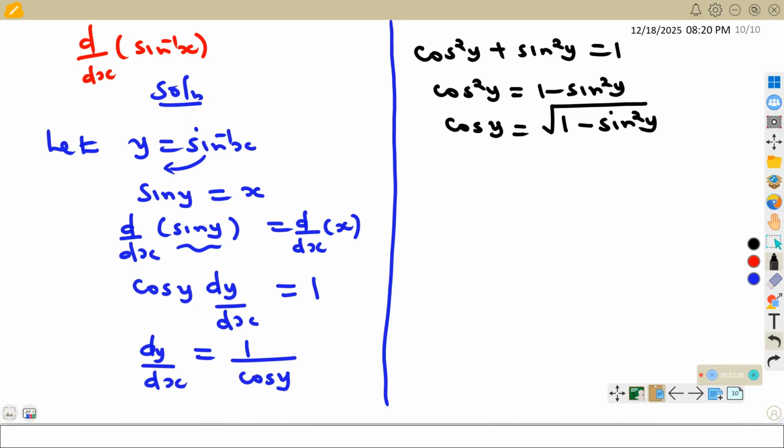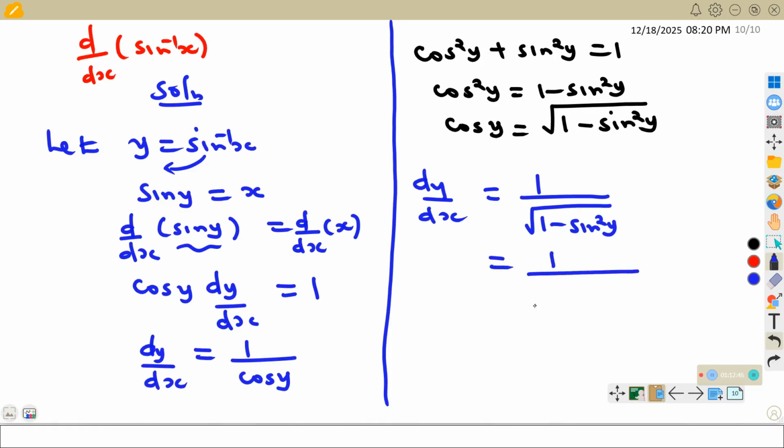So from this given point, where I have dy dx, I can put this as 1 divided by the square root of 1 minus sine squared of y. And sine of y, we have it here, sine of y is x. So this is the square root of 1 minus x squared.